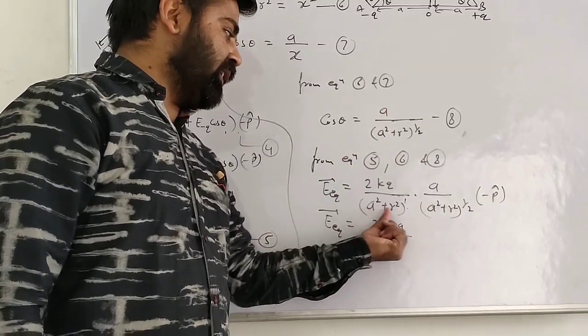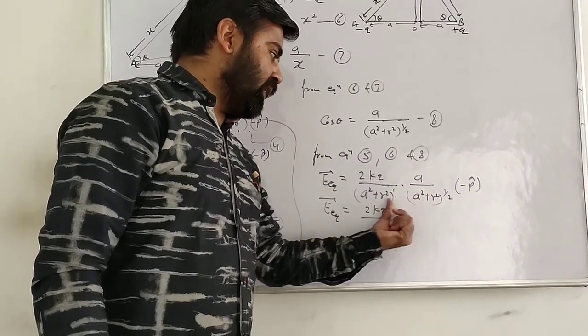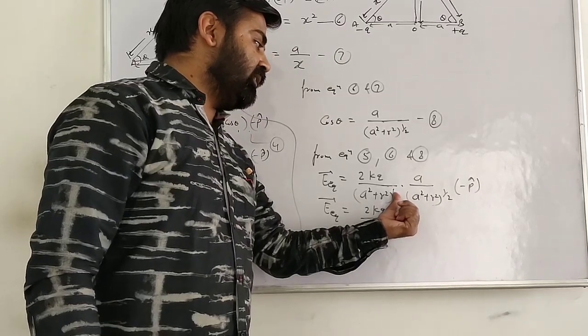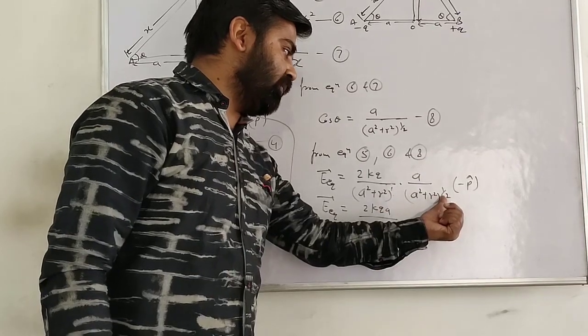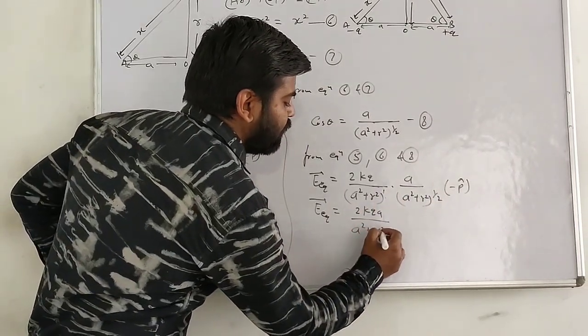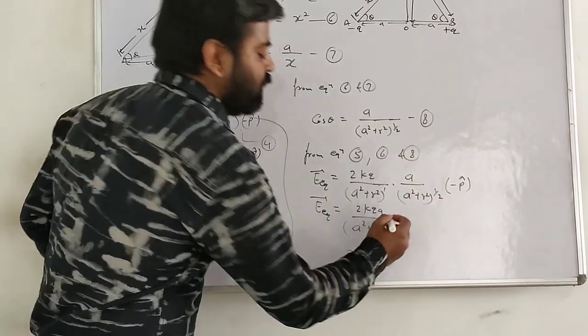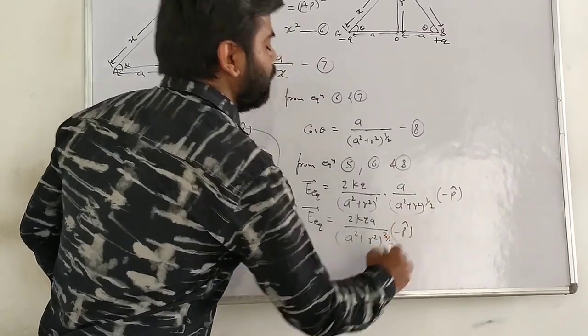The base is the same, a square plus r square, a square plus r square, and these quantities are in multiplication, so their powers will be added up. This power is 1, this power is half, so the value is a square plus r square, and power 1 plus half. 1 plus half means power is 3 by 2, and the direction is minus p cap.